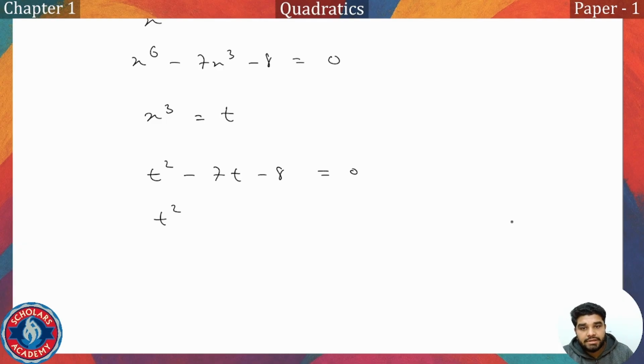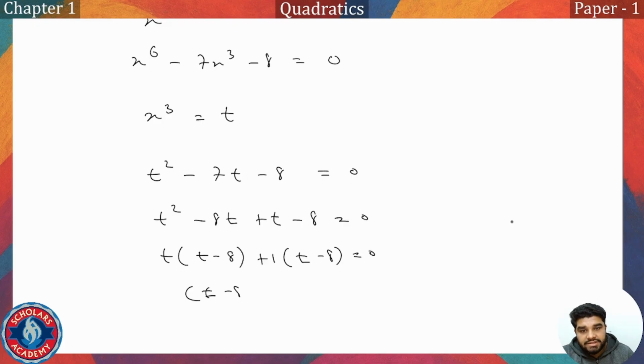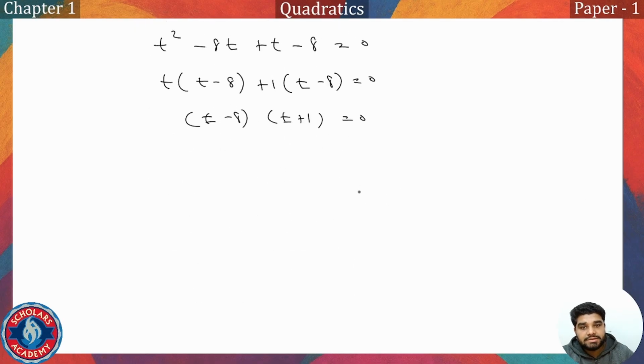Simplifying it a bit, we get the product as negative 8, sum as negative 7. So t square minus 8t plus t minus 8 is equal to 0. We take t common, t minus 8 and plus 1 common, t minus 8 is equal to 0. t minus 8 and t plus 1 is equal to 0. So from these two factors, I get t is equal to 8 or t is equal to negative 1.